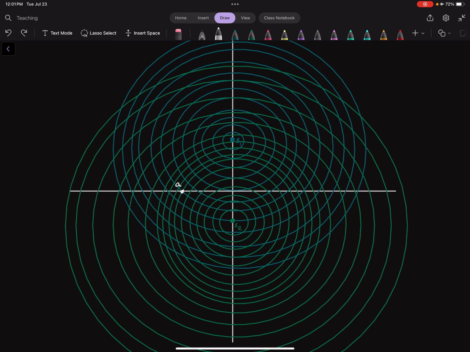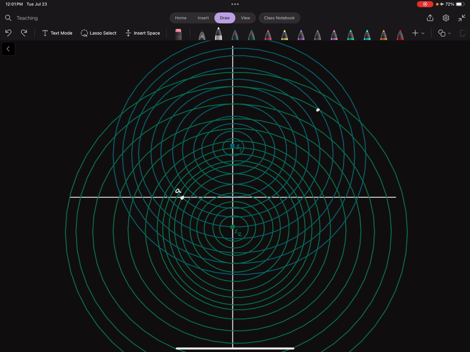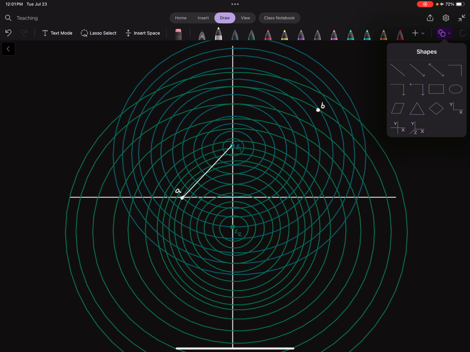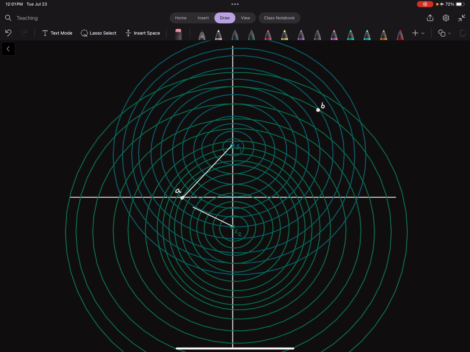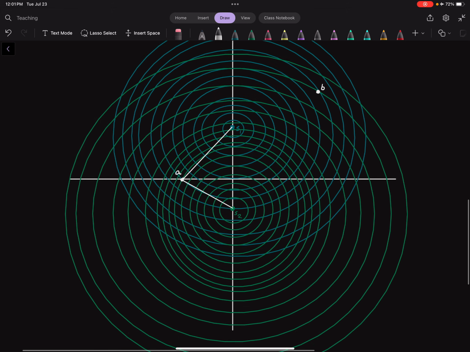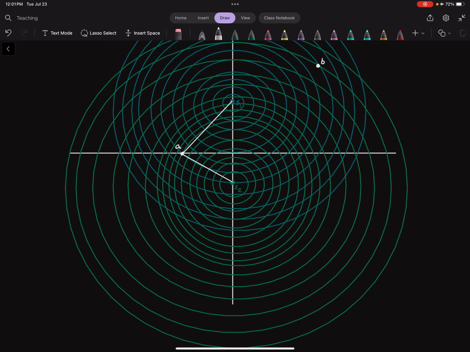So let's pick this point here. We'll call that B. And that's another point where they overlap, of course, right? And so for both A and B, these distances from source 1 to A and source 2 to A, of course they're drawn very much not to scale, so forgive me, but if they were drawn better, those two distances would be equal, or they're supposed to be equal.